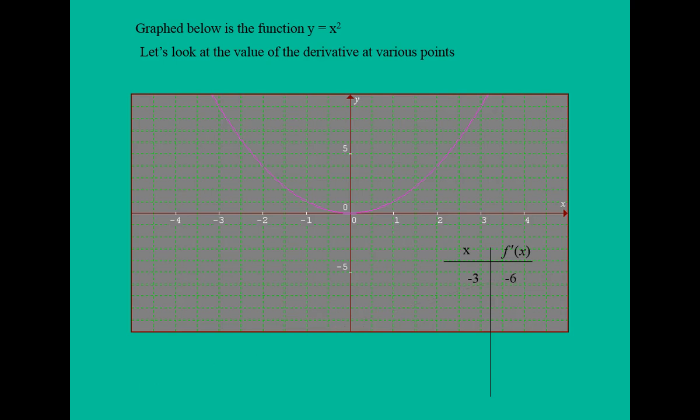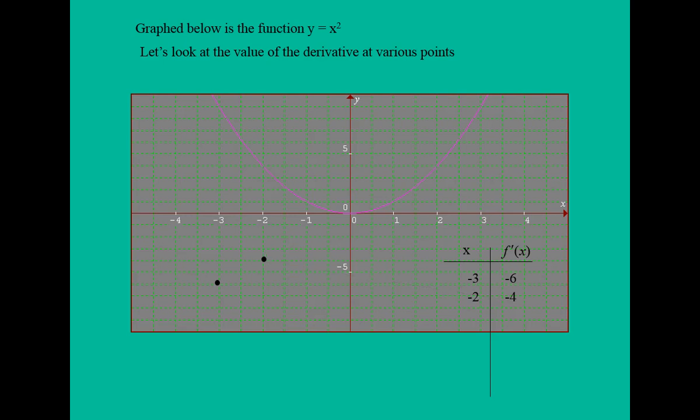So we could actually plot this point, which represents a point on the derivative function. Let's do the same with -2. We use our limit to calculate the slope of the tangent line, and we find we would get -4.